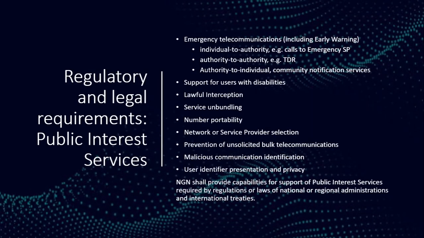Regulatory and legal requirements for public interest services include emergency telecommunication, including early warning, individual to authority, authority to authority, and authority to individual, support for users with disabilities, lawful interception, service unbundling, number portability, network or service provider selection, prevention of unsolicited bulk telecommunication, malicious communication identification, user identifier presentation, and privacy.